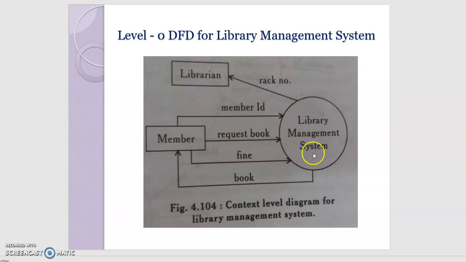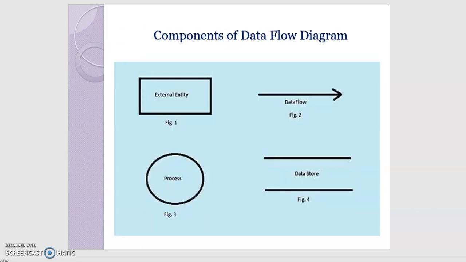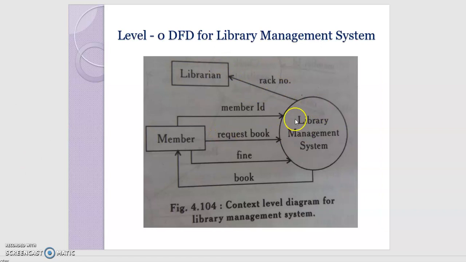Here you can see only a single process is present in this level 0 data flow diagram. And these are the external entities, and these are the data flows from this particular process to the external entities.